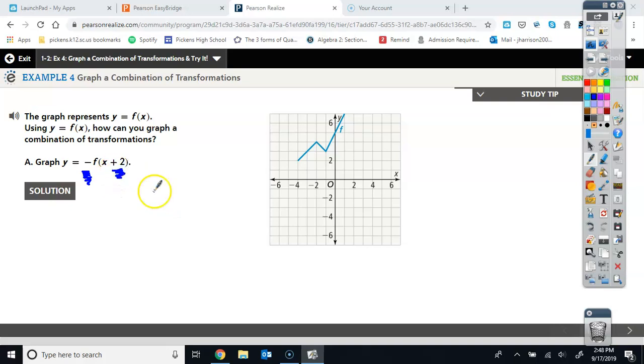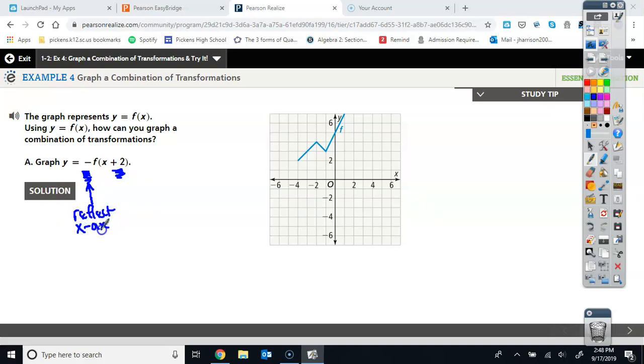There's a plus 2 on the inside. So what do these numbers do? If you go back and look at your notes or look at the examples, the negative out in front is going to flip it or reflect it across the x-axis. Excuse me. Sorry, Mr. Harrison, struggling to talk.